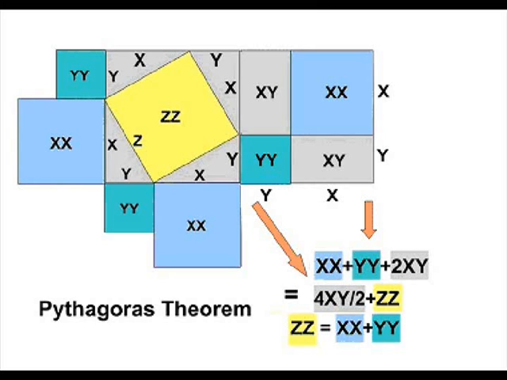If they were both equivalent and you add them up, then you have 2 of the xy's, but 4 of the half of xy's, which, if you will, cancel, subtract out, leaving the remainder, which is z squared equals the sum of y squared plus x squared.